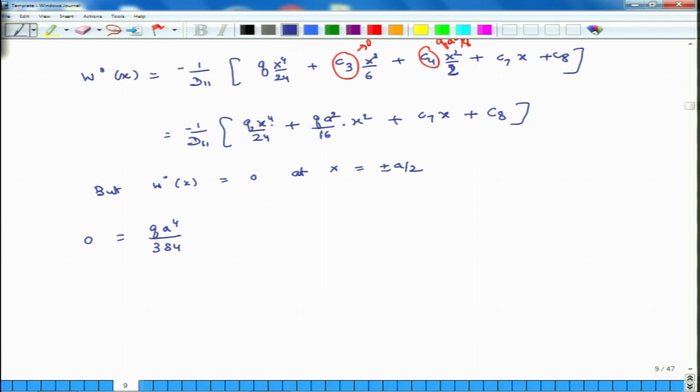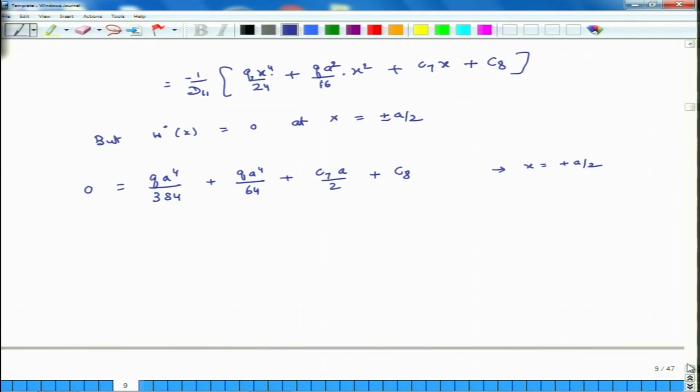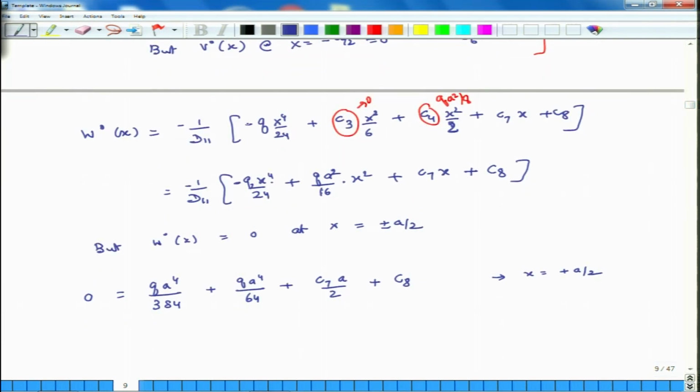So, I get QA4 over 384 plus QA4 over 16 times 4, 64, plus C7 a over 2 plus C8. So, this is the condition when x is equal to plus a over 2. I am confused, sir. I think there should be a minus sign in Qx4 by 24. Yeah, you are right. It should be here also, yes.